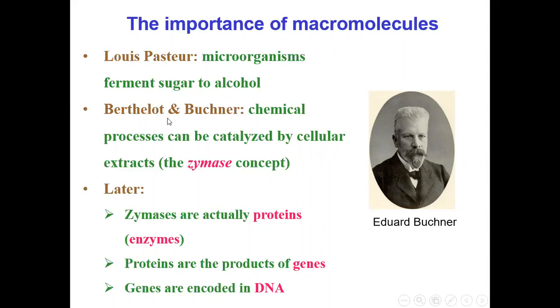Later, other scientists like Berthelot and Buchner, who studied fermentation, but also other processes found in living organisms, showed that such chemical reactions can be accelerated or catalyzed by organic extracts taken from simple organisms like bacteria and yeasts.